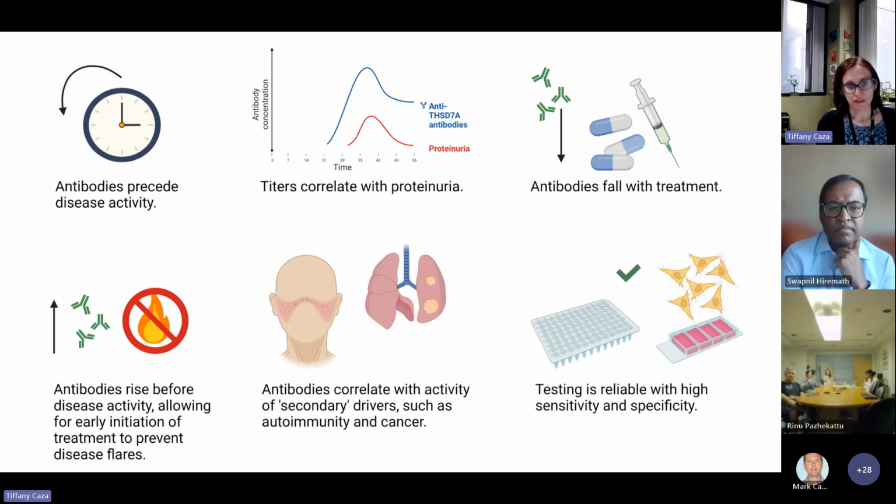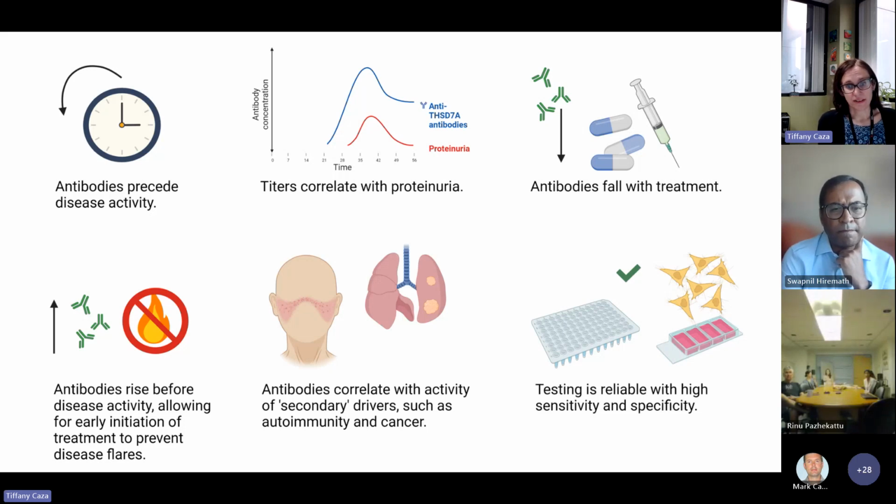The antibodies will drop with treatment and rise prior to disease activity, and that's really important because it could prevent having clinical flares. You could have serologic recurrence, but you could treat at the level where you don't have a lot of end organ damage from a membranous flare.